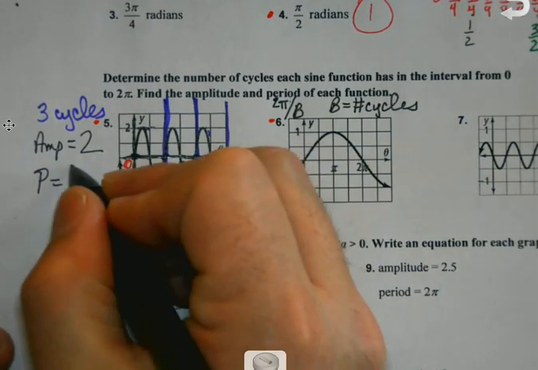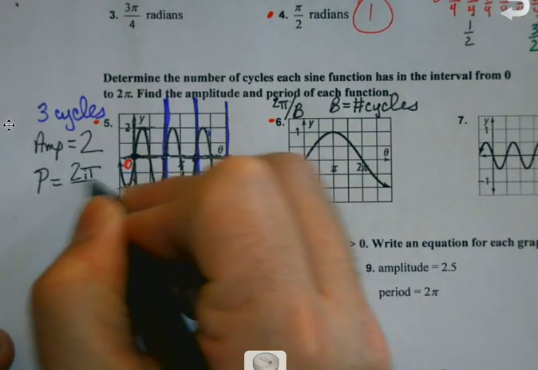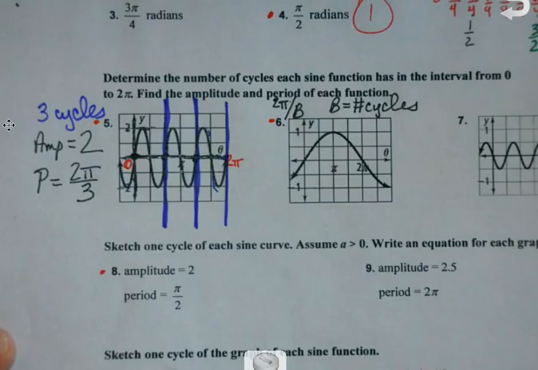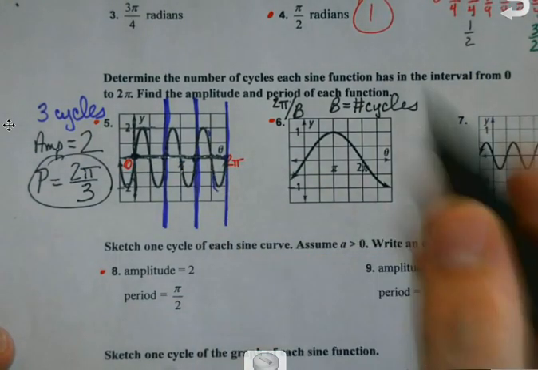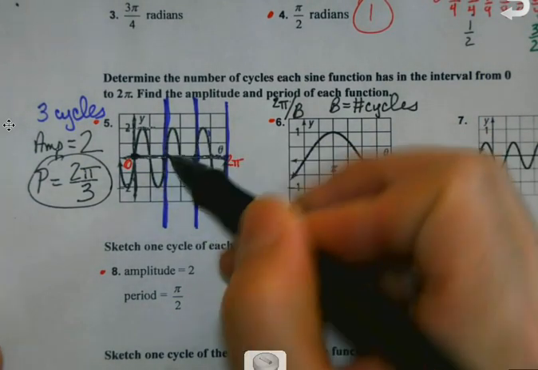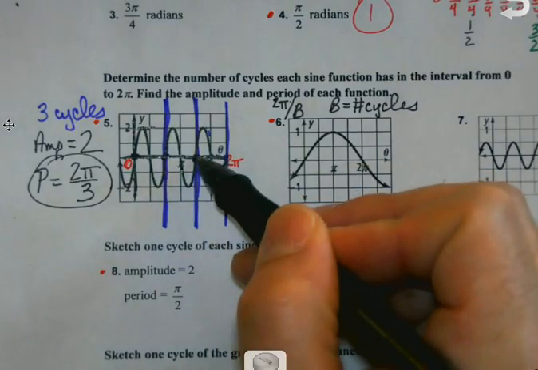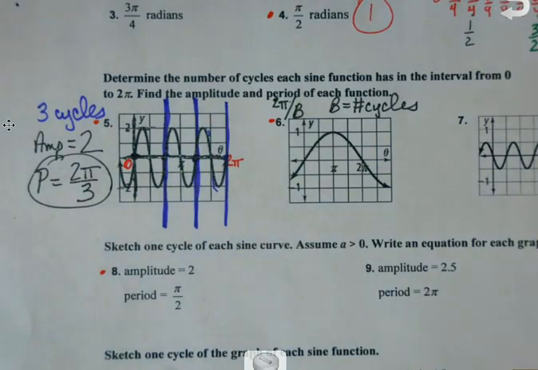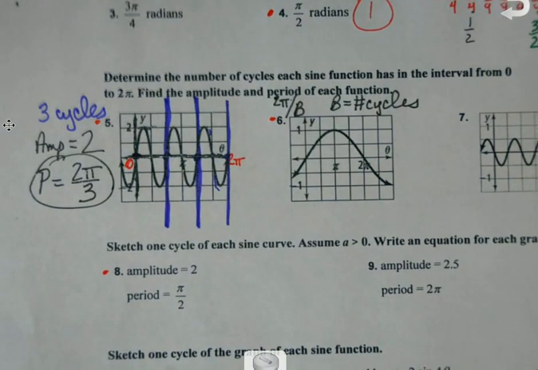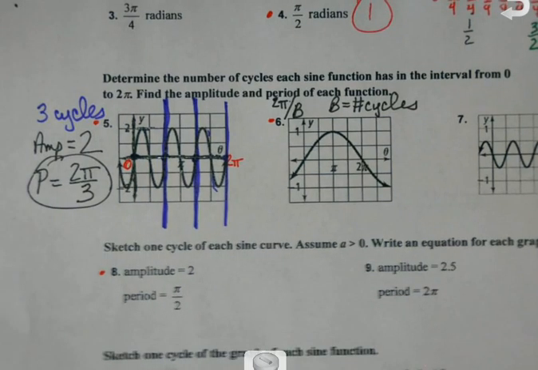So in this case, my period's going to be 2 pi over 3, which tells me this value, when I got to here, would be 2 pi over 3. And then this would add another 2 pi over 3. And I could keep doing that as I was working through some of these. That's what we're going to look at as far as these go. So that's kind of my deal.